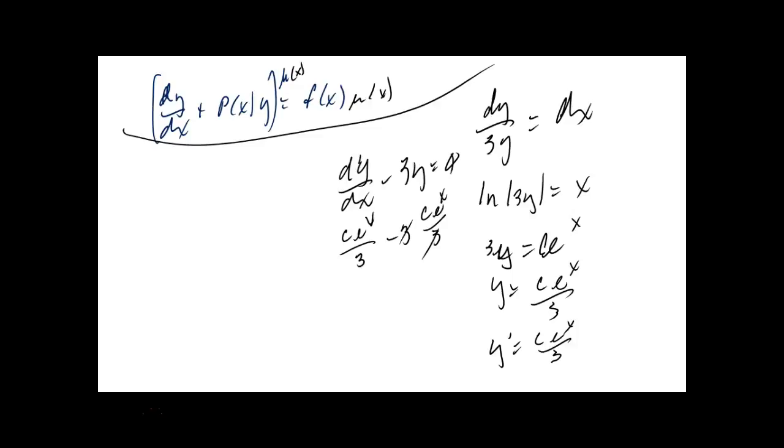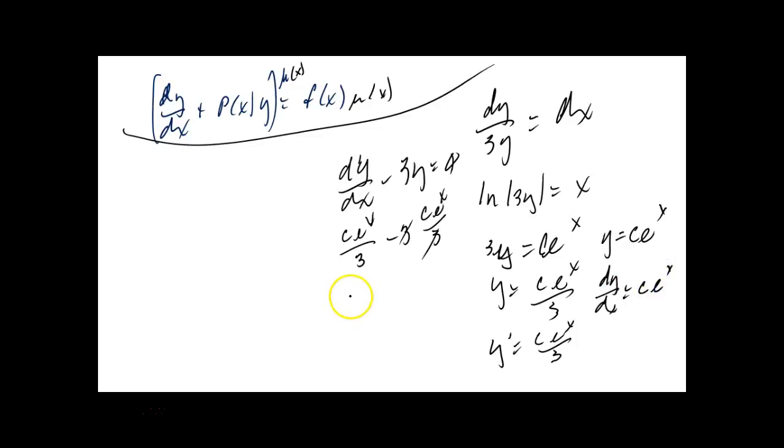Our answer really should be, it should be exactly what I said here originally. Y is equal to C e to the x. Okay? That's what I think it should be. But then, that doesn't fit the original equation. dy dx is equal to C e to the x.